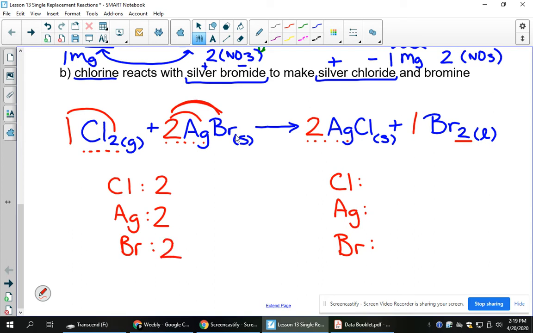Make sure you have the exact same numbers on the product side. 2 silver, 2 chlorine. 1 times 2 is 2 bromine. So we can see that every single element has the same number in the reactants as it does the products. It's following the law of conservation of mass that we know to be true in chemistry, so this question is completely finished.